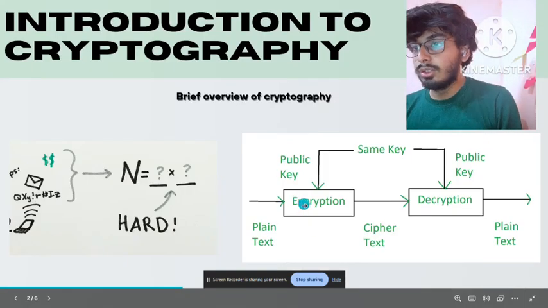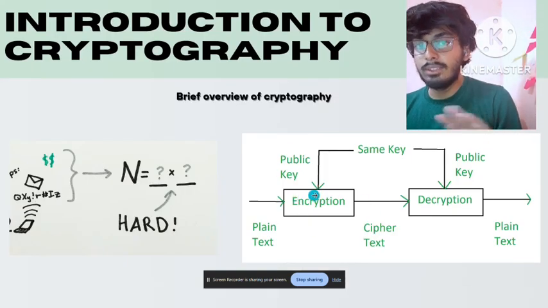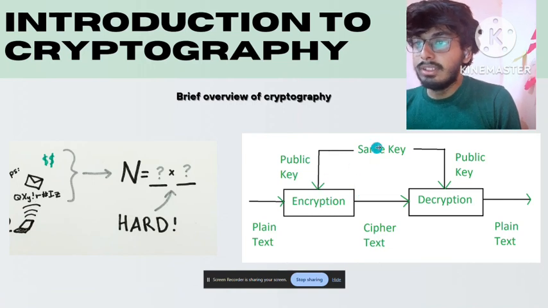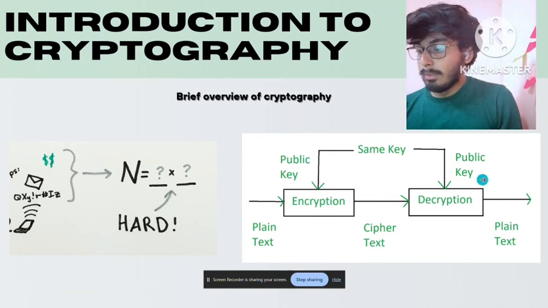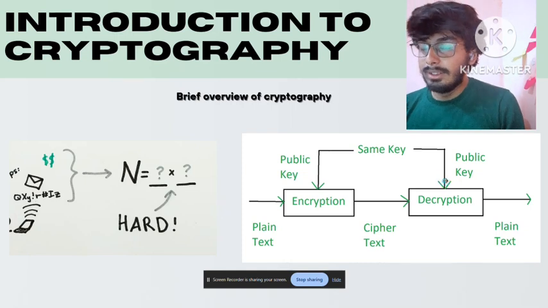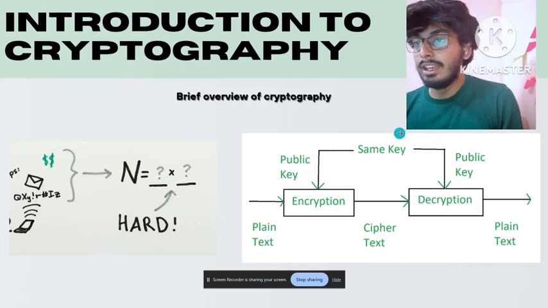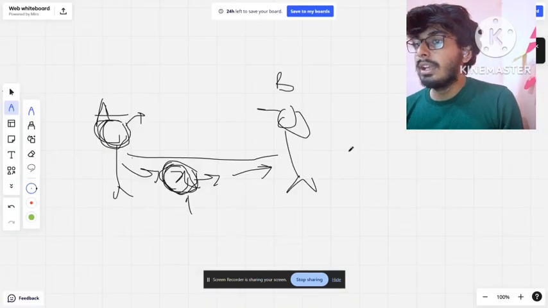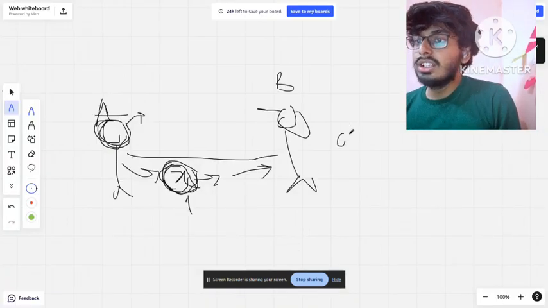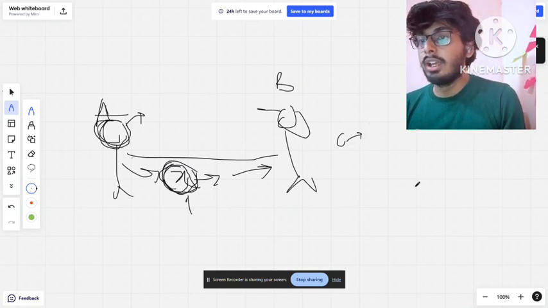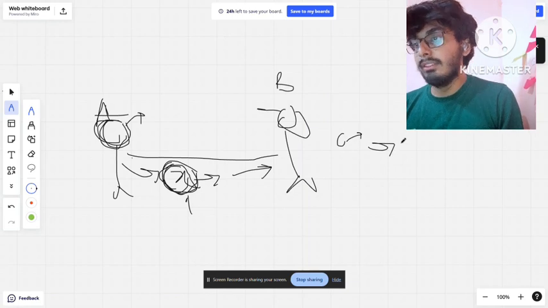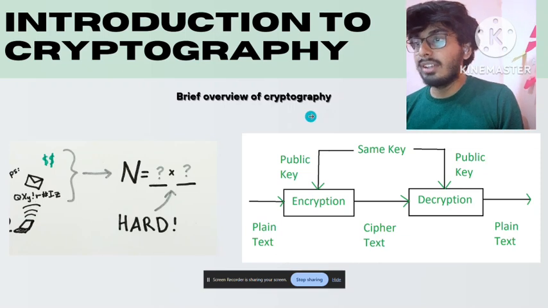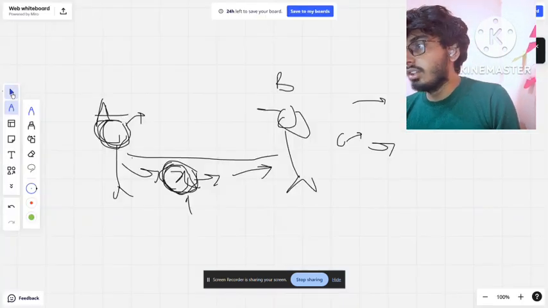Person A encrypts the data at their end and shares the encrypted data, and at person B's end, the data gets decrypted with that key, and the key is only shared between A and B. Encryption is nothing but changing the original form of the text or message to a form which is not understood by anyone, and decrypting it at the receiver's end.